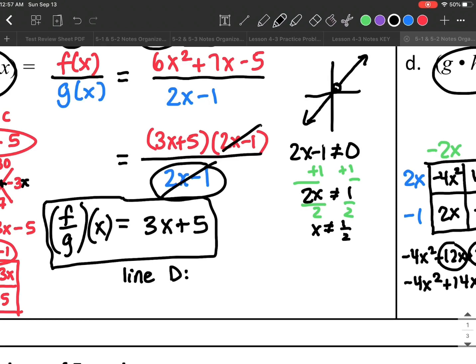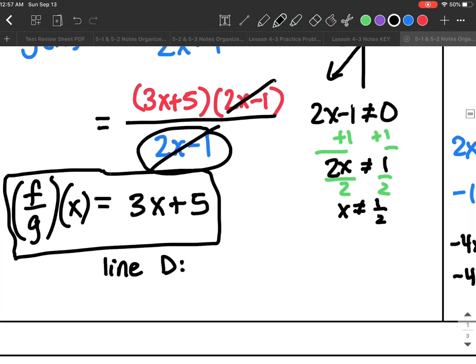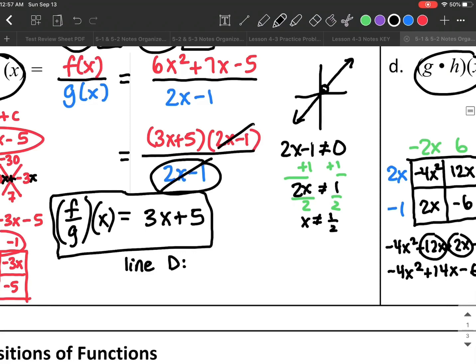Oh, so the domain is going to be, well, my lowest x value is going to be negative infinity. I'm taking care of the left piece and then the right piece, since there's a break. So negative infinity to 1/2. And then I'm going to do union with 1/2, which is the lowest value for the right piece, to infinity.